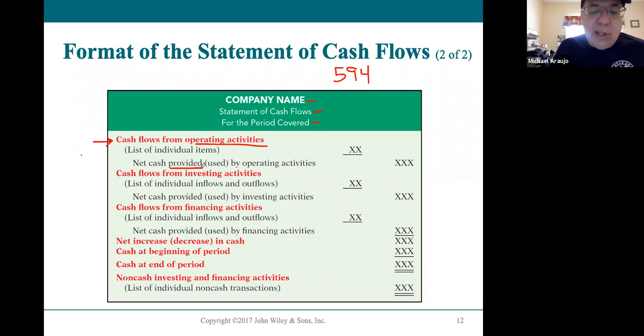In other words, it's going to be a positive number, which means there's more cash coming in than going out. However, if you see this as a negative number, which would be the total on the far right, that means they're not generating enough cash to take care of their business, their operating activities. And that's not a good sign.